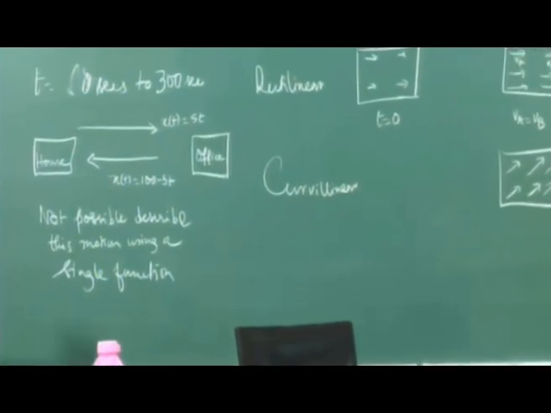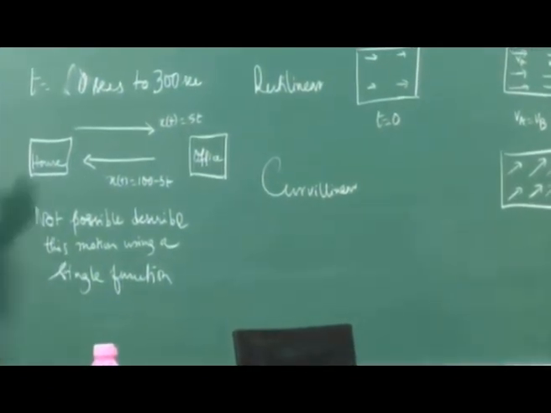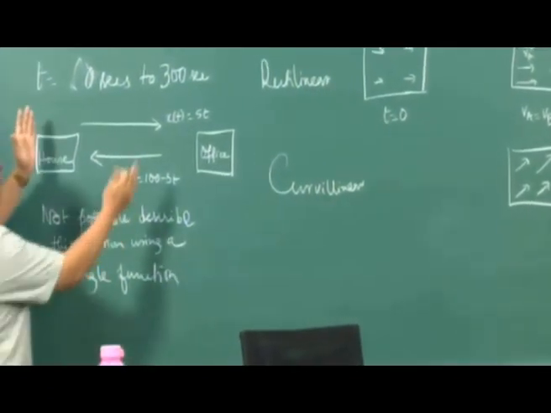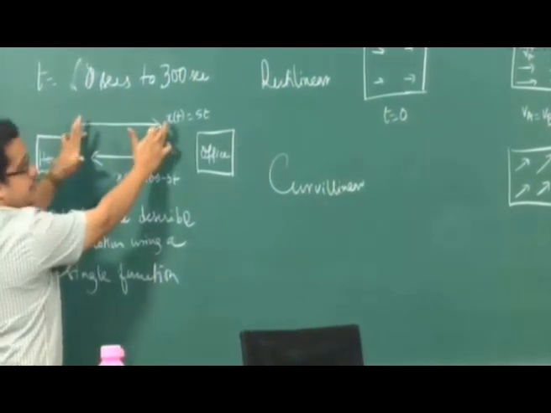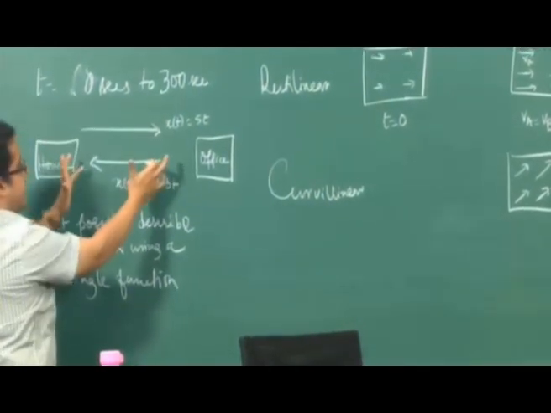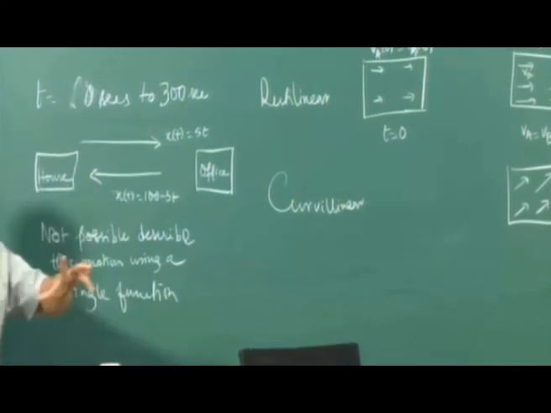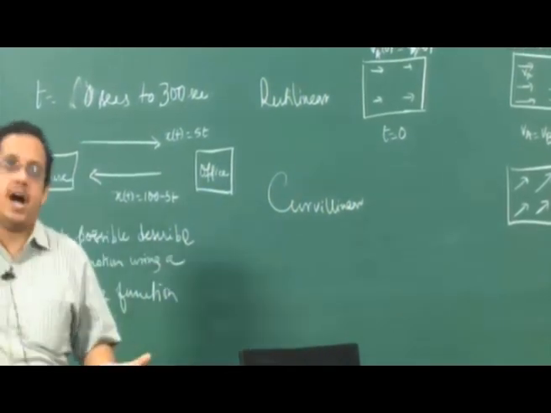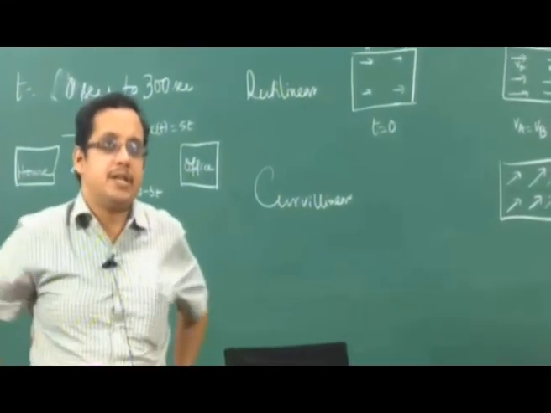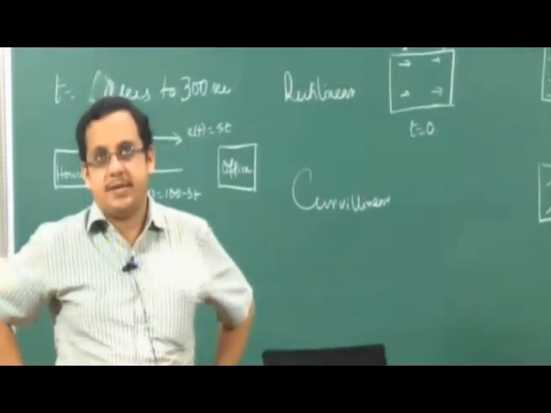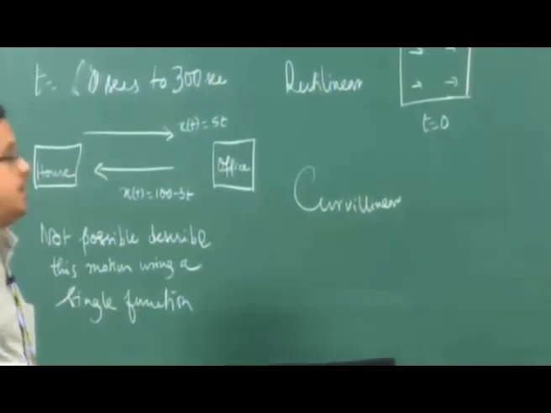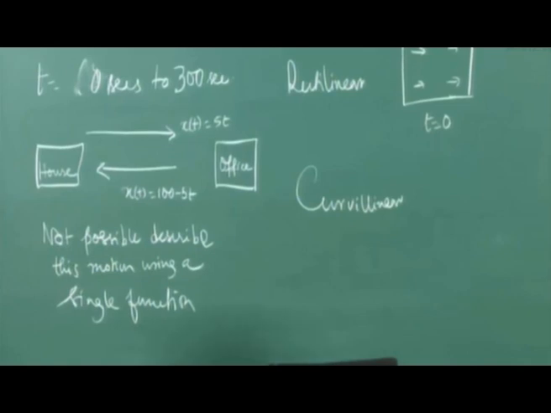So the best we can do is to describe this part of the motion with one function and this part of the motion with another function, which is what we have done, and that sort of representation is called piecewise representation. I hope that should be better for you.